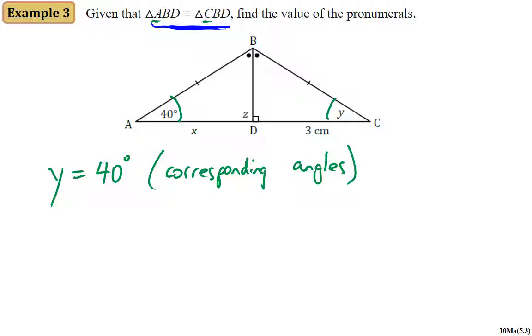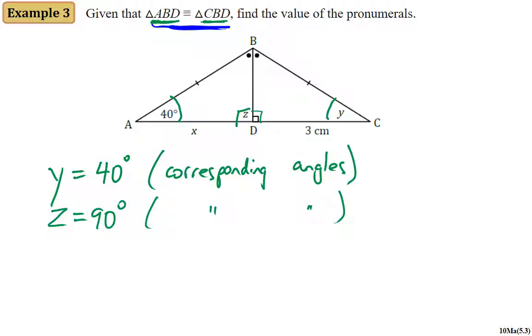If I look at the angle BDA, well actually let's look at BDC. We know it's a right angle. BDC, if I look at my triangle on this side, BDC is the second letter, the third letter and the first letter. So the second letter, third letter, first letter would be BDA. If I go back to this side, BDA must match it. Therefore, Z equals 90 degrees because they are corresponding angles.